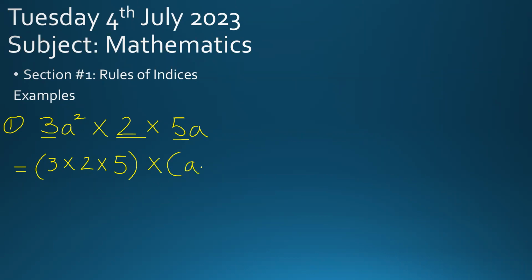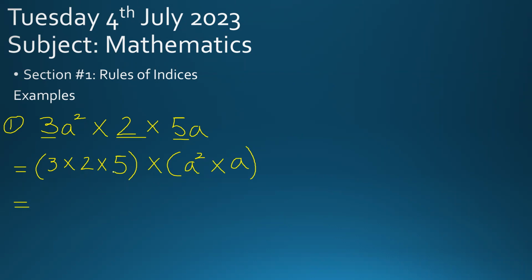So it's going to be A to the power of what? 2 multiplied by, remember, this is A to the power of 2 multiplied by the same A right here. So it's going to be A. Close bracket. All right, so what is 3 times 2? 6.